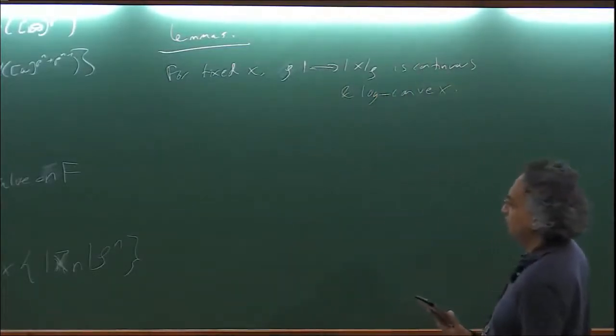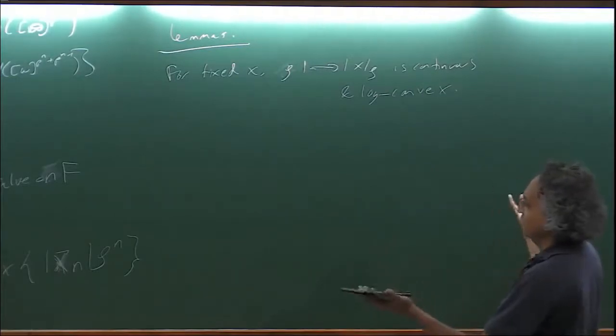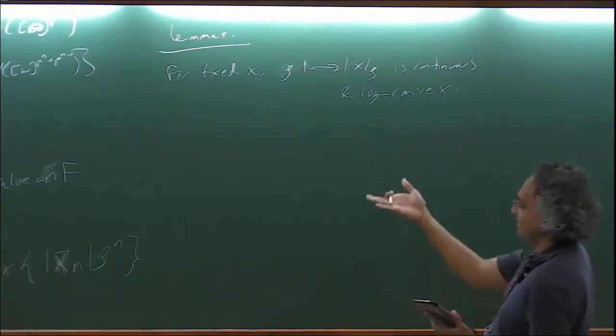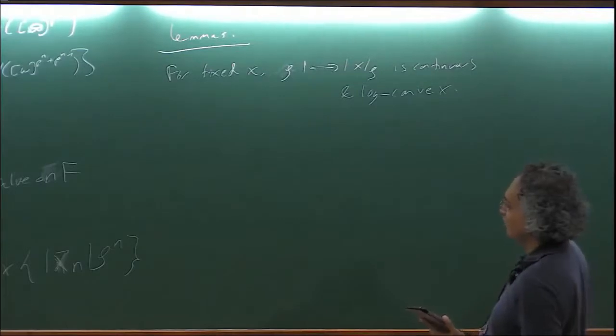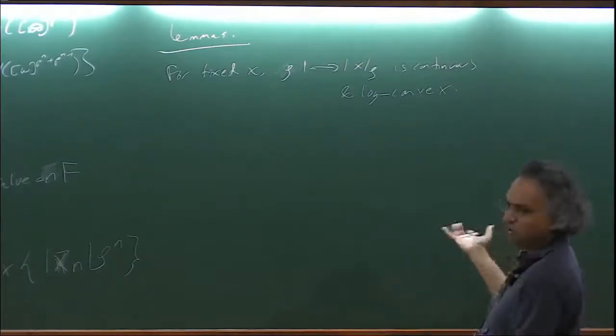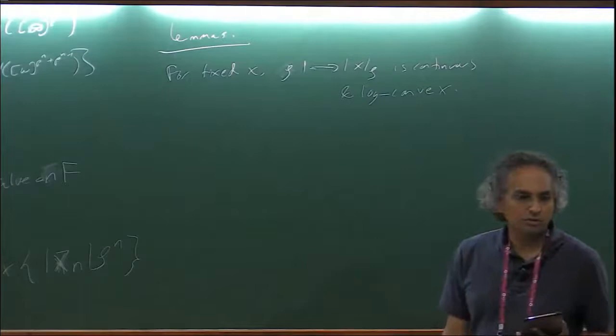So for example, if rho is the geometric mean of two other parameters, then the norm with respect to rho is bounded above by the geometric mean of those two norms.